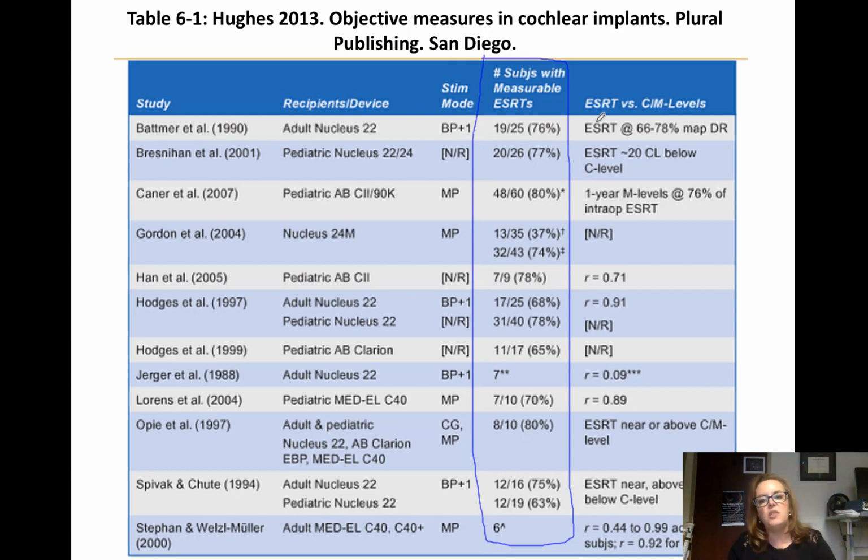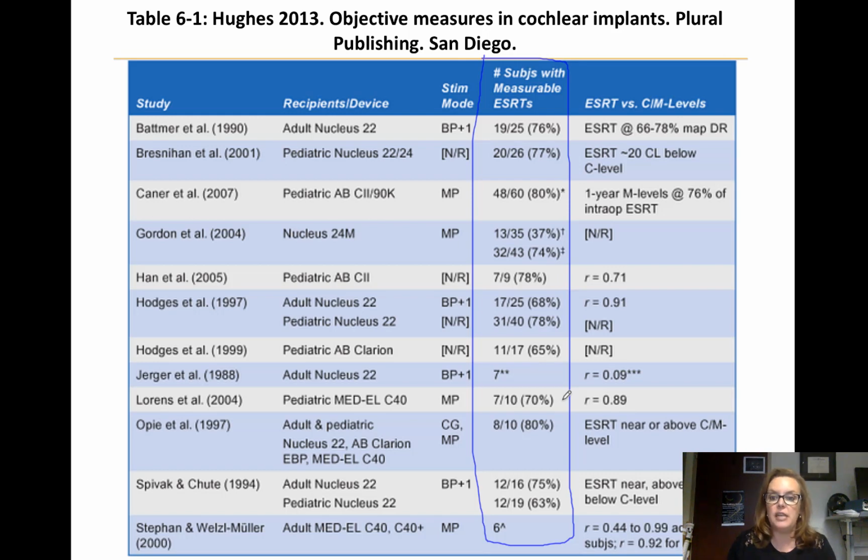This was primarily with a 226 hertz probe tone, or the study didn't specify. That's an important part here too. The range was anywhere from 37% of patients up to 80% of patients getting a measurable ESRT.